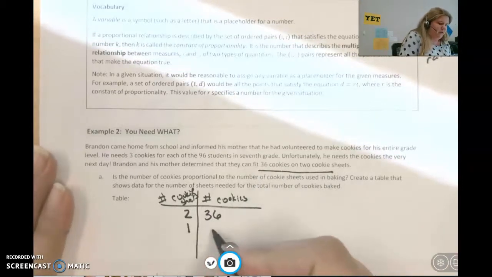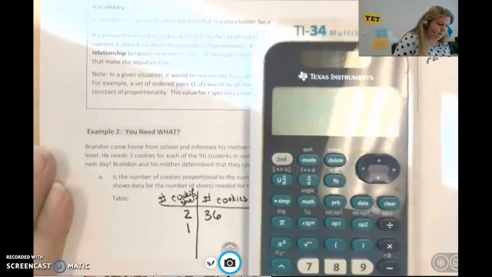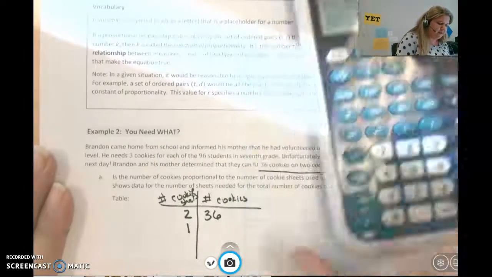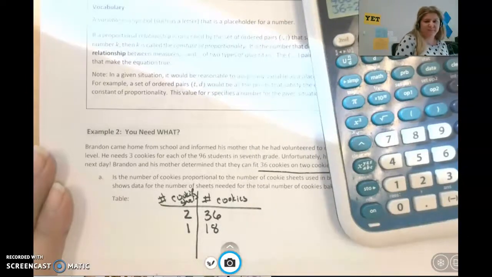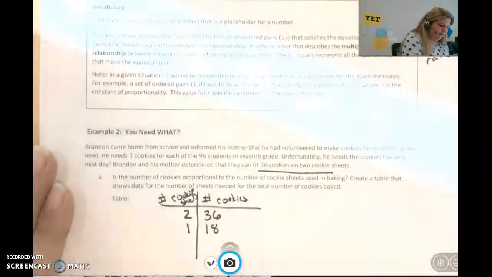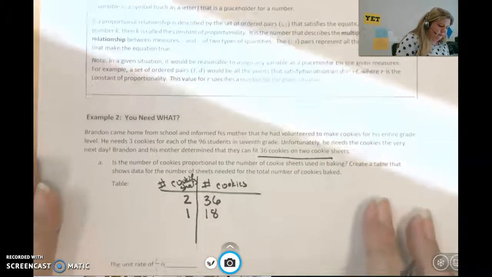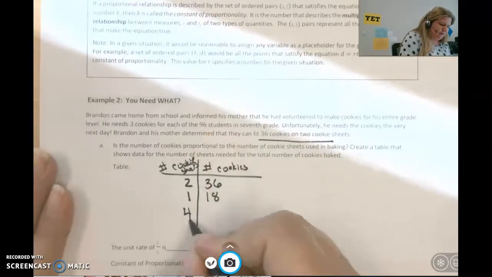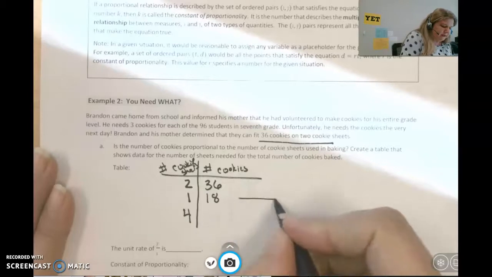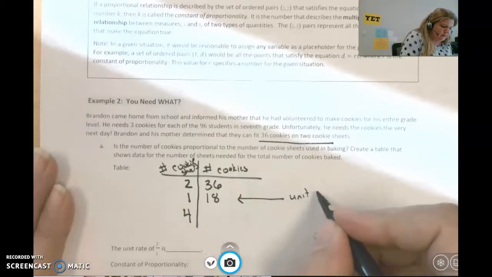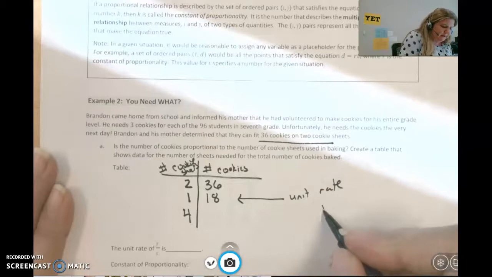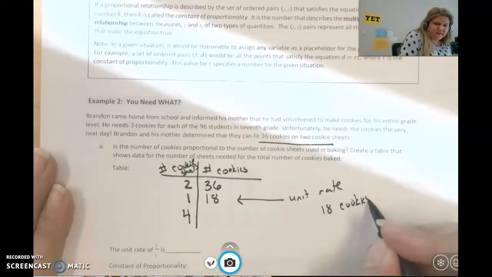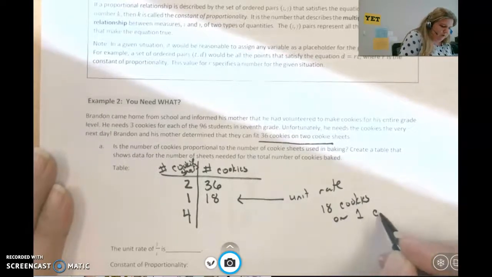So 1 cookie sheet would do, let's see, 36 divided by 2 would do 18 cookies. All right. Well, I need 96 cookies. Oh, I think that's going to be maybe about 4. So it looks like this is my unit rate, that I can fit 18 cookies on 1 cookie sheet.